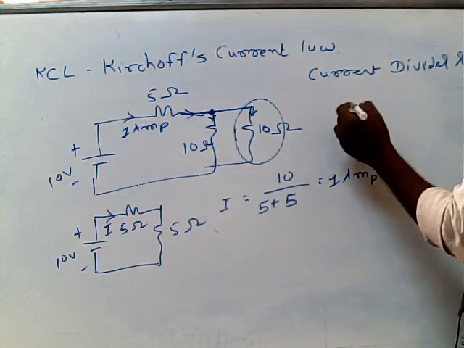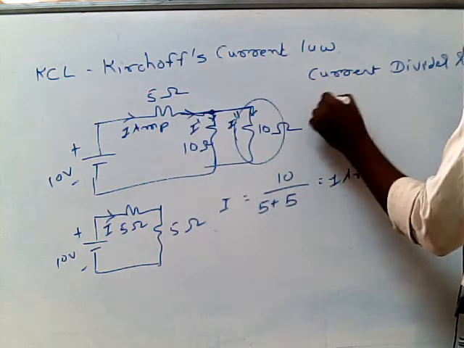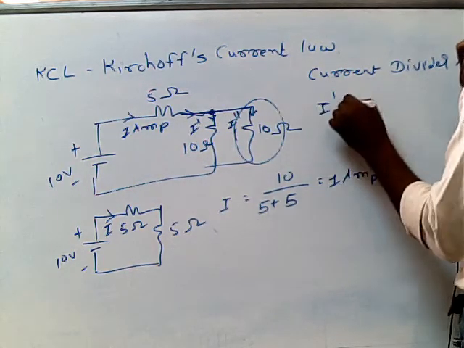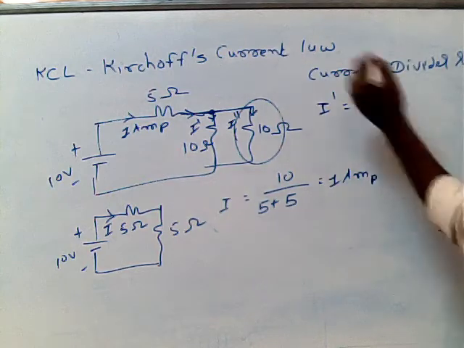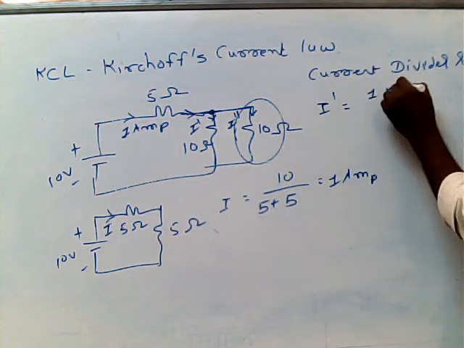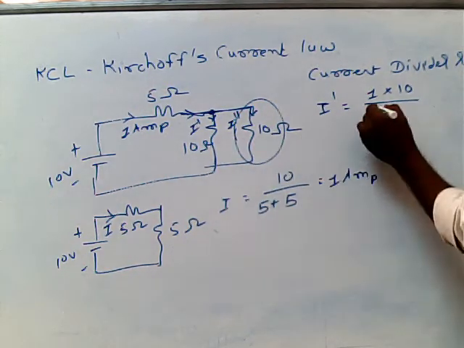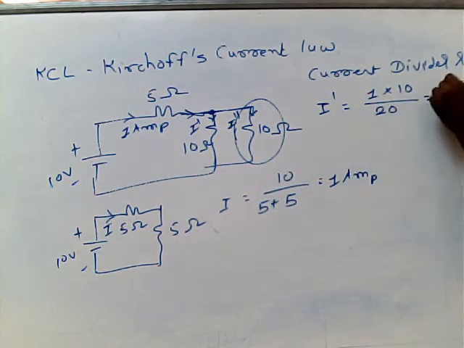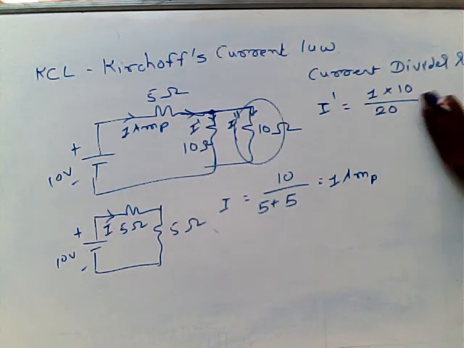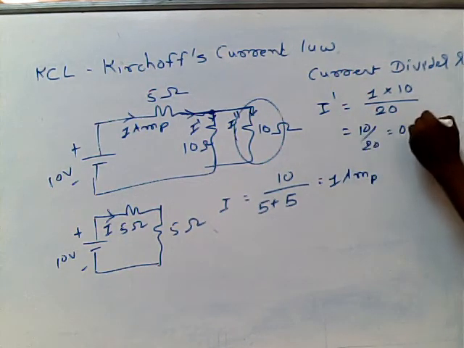Say this current is I dash and this current is I double dash. So I am finding I dash, which is equal to the total current, 1 ampere, into the opposite resistance, that is 10, divided by the total resistance, 10 plus 10, that is 20. So 10 divided by 20 is 1 by 2, that is 0.5 ampere.